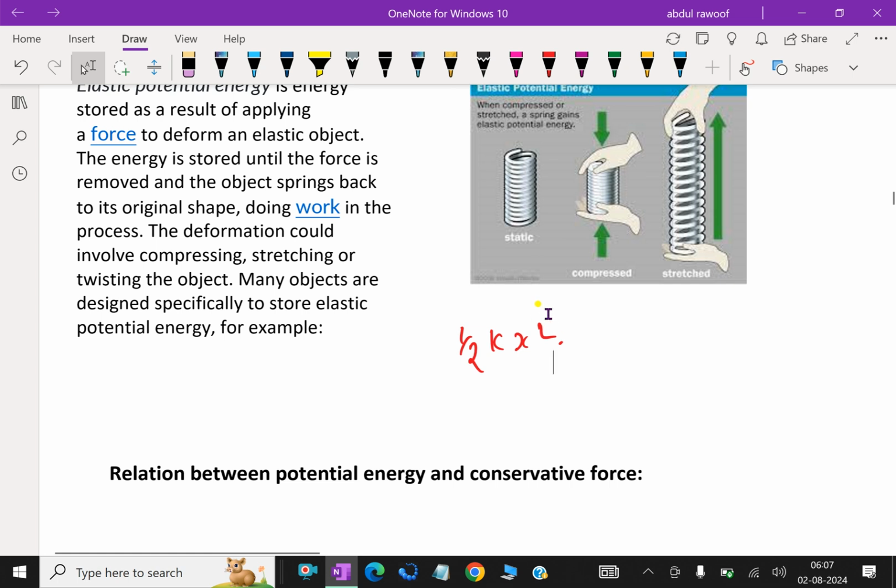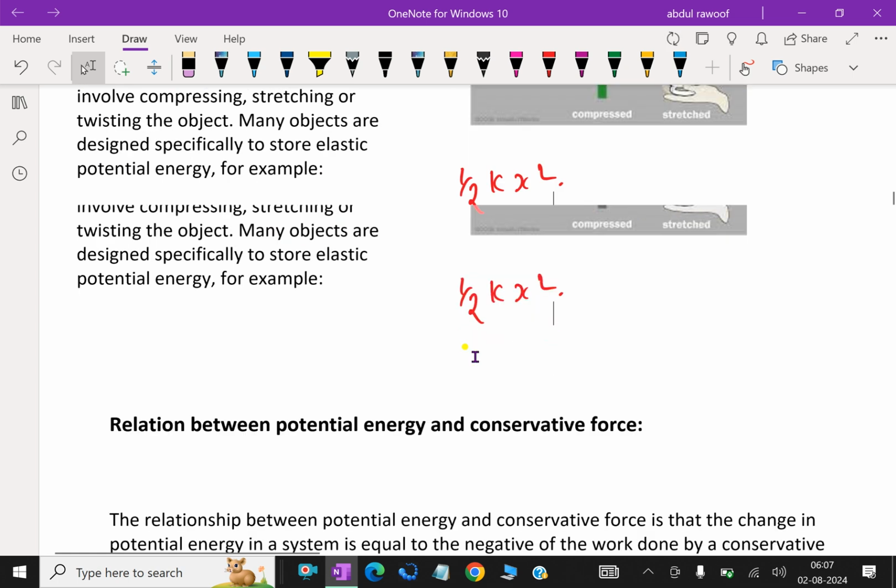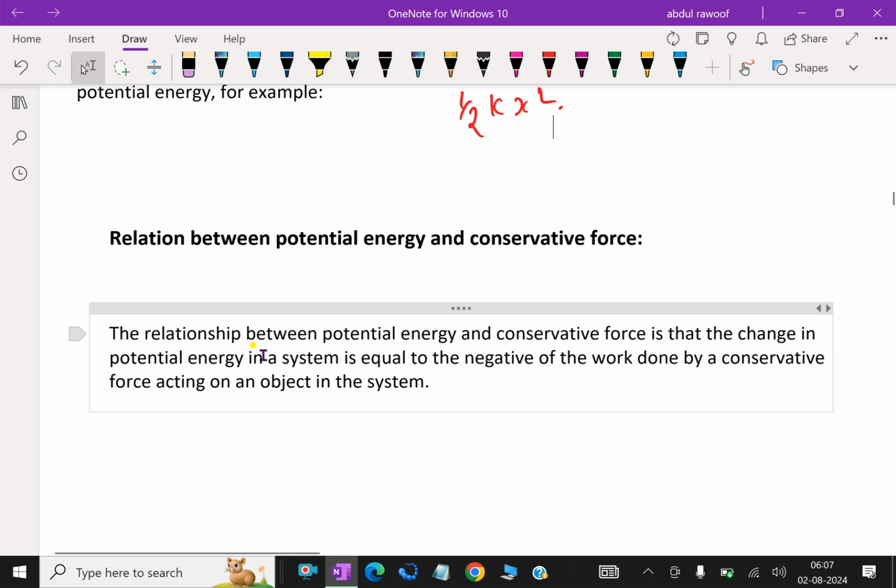Relation between potential energy and conservative force. The relationship between potential energy and conservative force is that the change in potential energy in a system is equal to the negative of the work done by a conservative force acting on an object in the system.